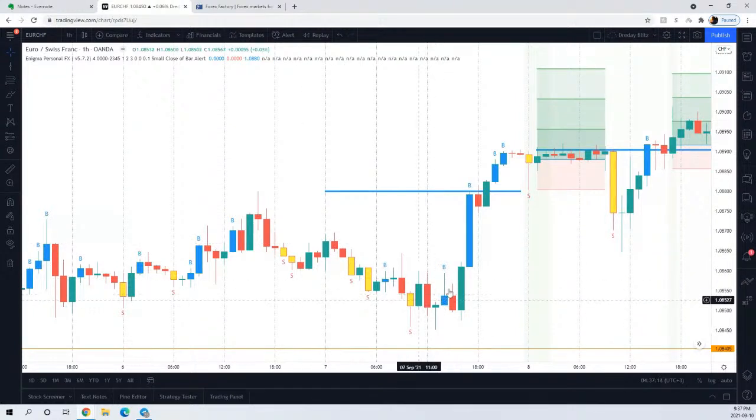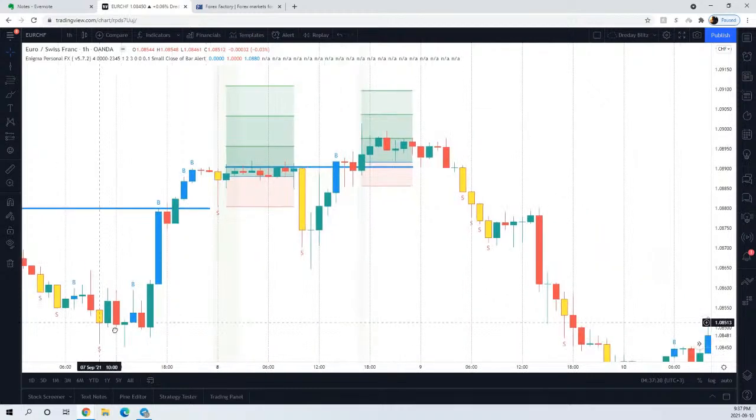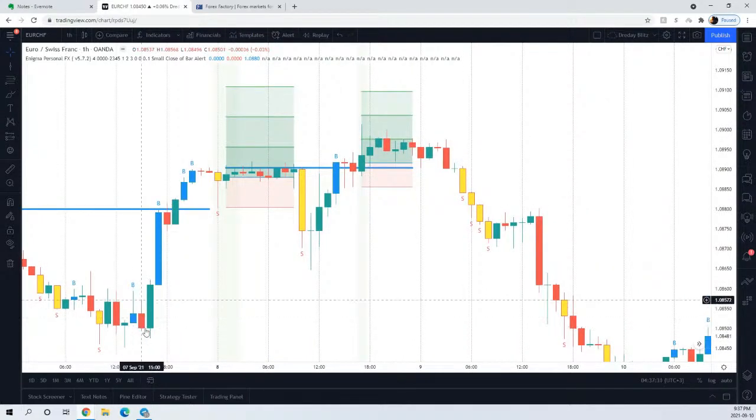Then boom, on the 7th, like I said, market makers came back from vacation, from a long weekend. They got some money to spend, and they put all of their money on the market, okay? And they moved the market. So here, boom, made a move, consolidated here, retracement, then did the high of the week.